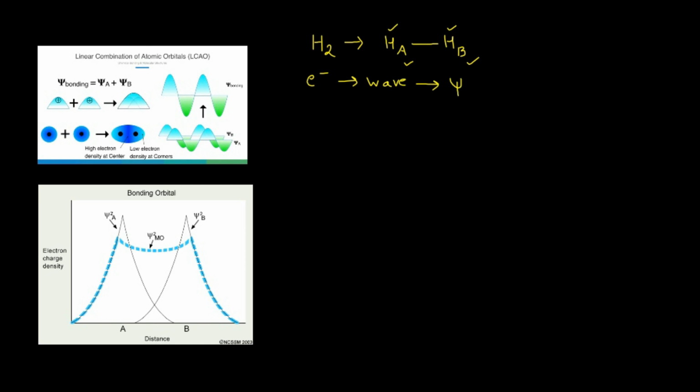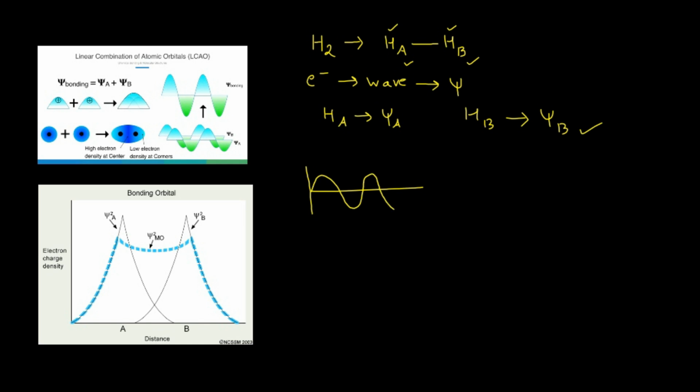For hydrogen Ha, I'll call the wave function of this particular atom psi A, right? And for the second hydrogen, which is Hb, I will call the wave function psi B. Now, what will happen in that case? When I take the electron as the wave, I can treat it like that. This is the sine wave, right?